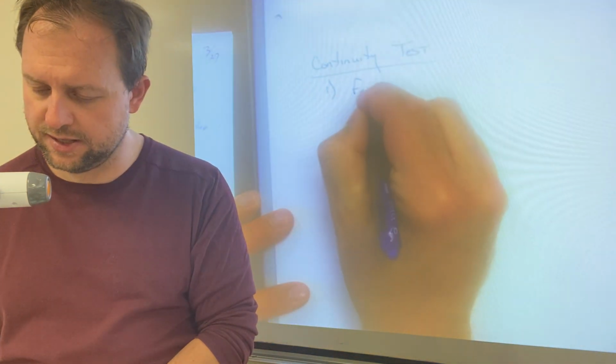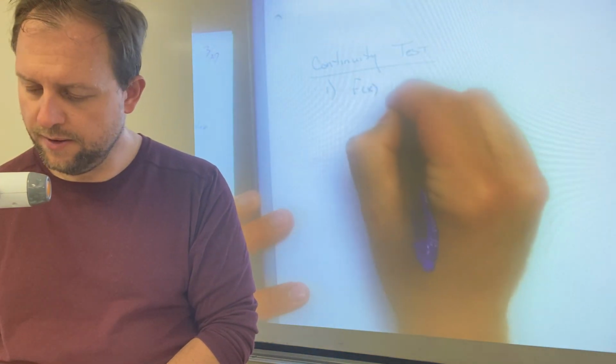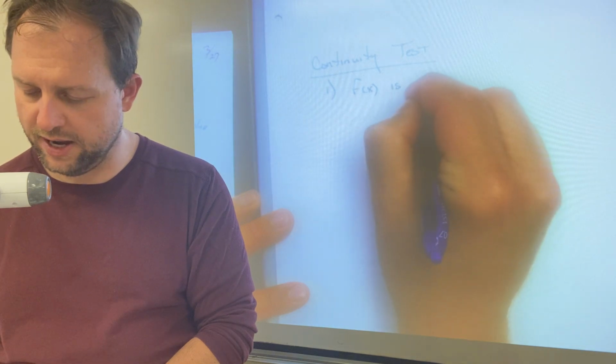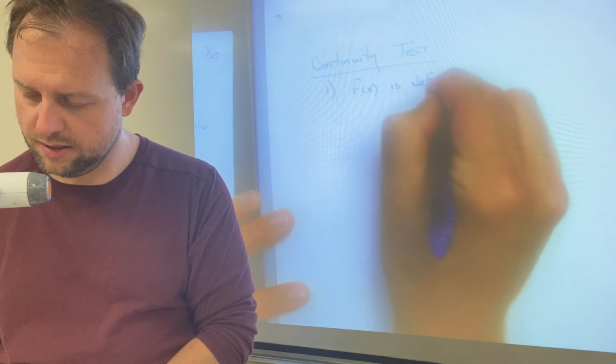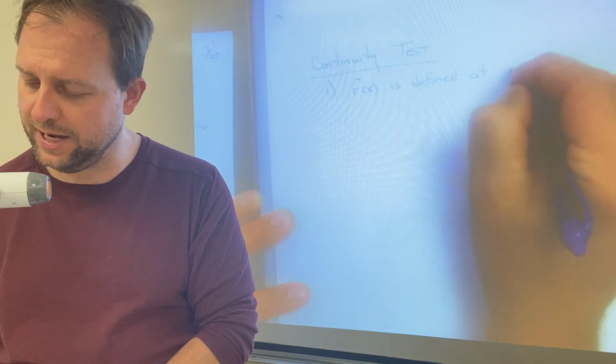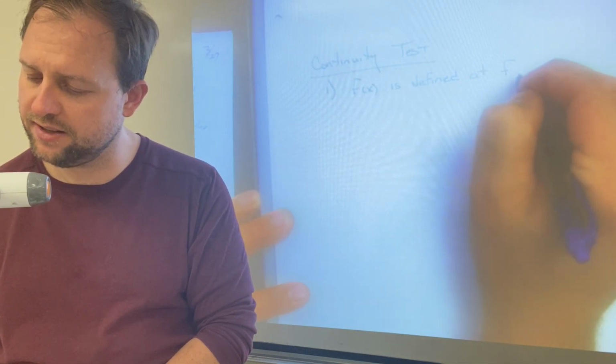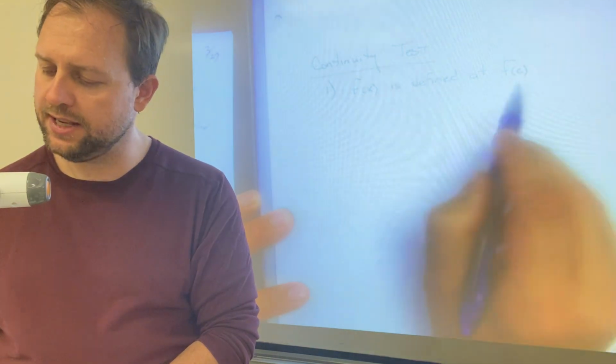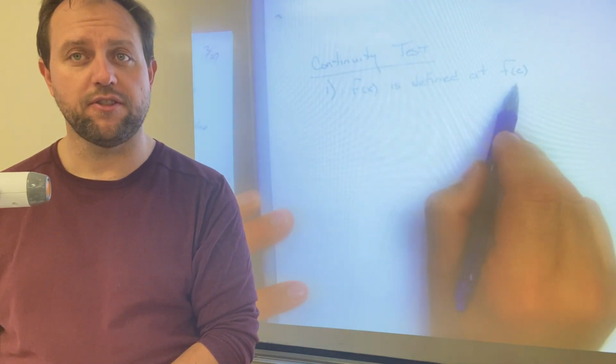The first is, is the function f of x defined at the point? We're going to call the point C. So I'm going to refer to it as f of x defined at point C, or where we evaluate function f at C.